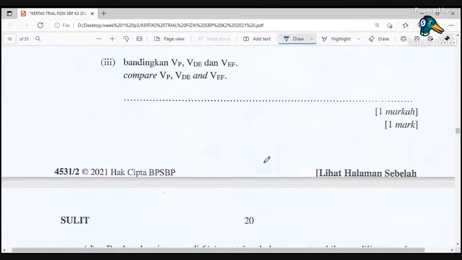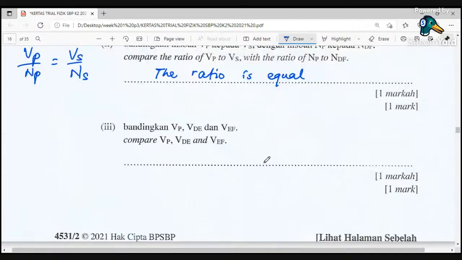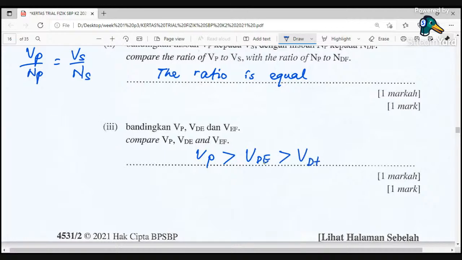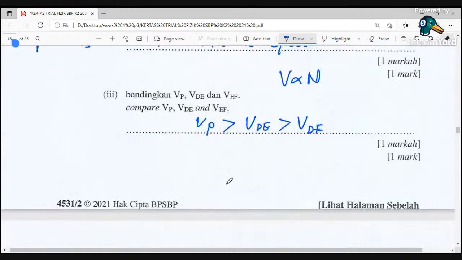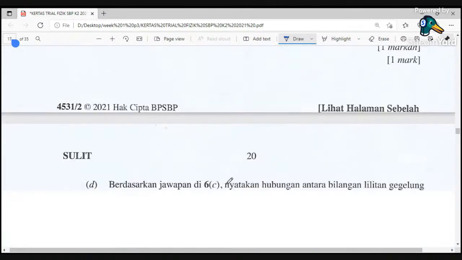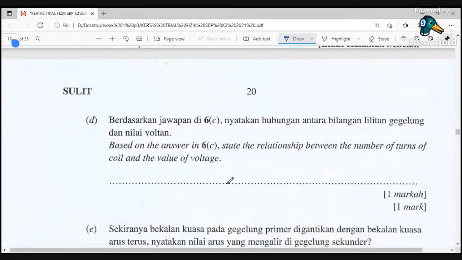We compare Vp, VDE and VEF. So we have Vp more than VDE more than VEF because V and N are directly proportional. Okay, based on your answer, state relationship between number of turns of coil and value of voltage.